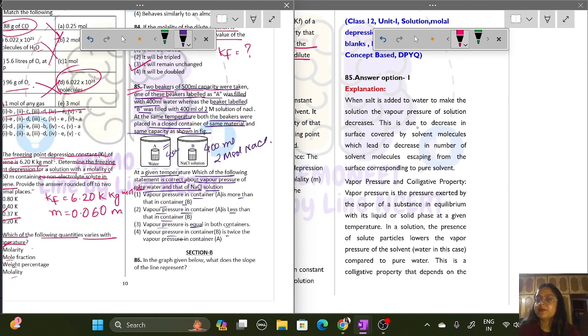Let us see why. When salt is added to water, the vapor pressure of the solution decreases.